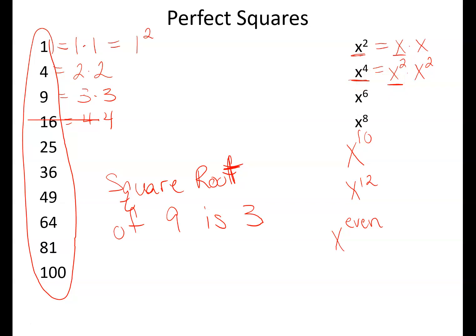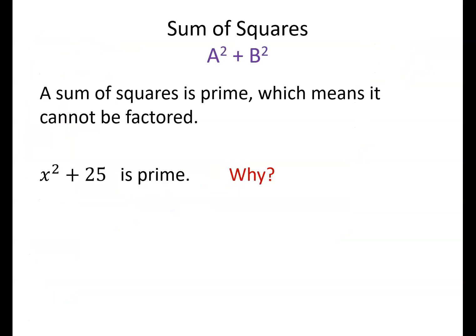So now that we have an idea of what perfect squares are, let's think about polynomials that have 2 terms in them, only 2 terms, and both terms are perfect squares. Okay, so on this slide, we're writing it as a squared plus b squared.